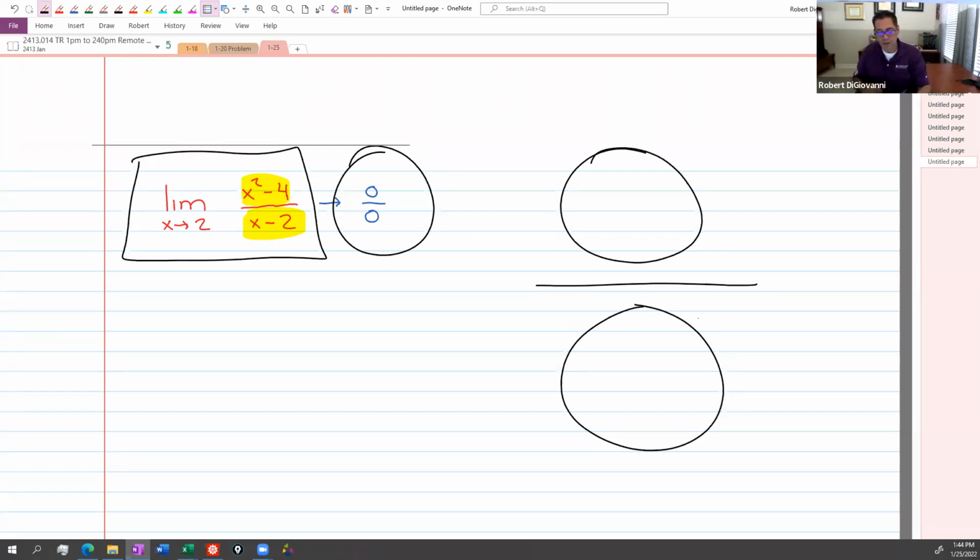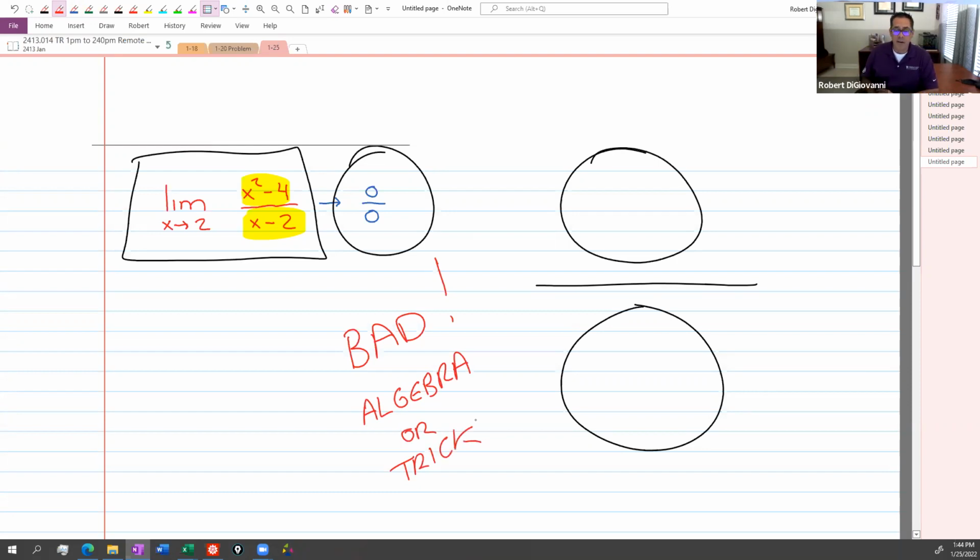If you get 0 over 0, I want you to think this is bad, and that it means you're going to need some sort of algebra or some sort of trick to get around this.